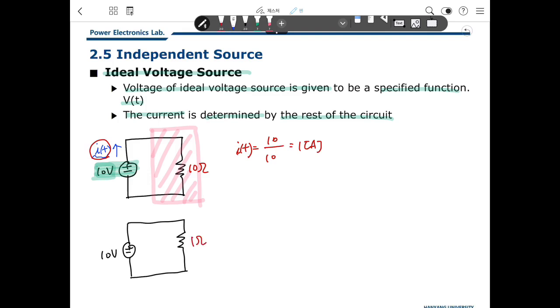Then the current flowing through the source, IT, will be 10 amps. That means the voltage source only defines the given function of voltage. Then the current is determined by the rest of the circuit.